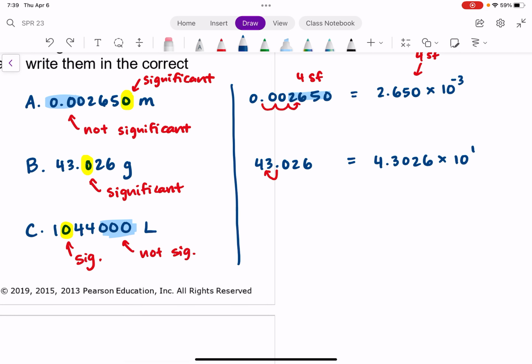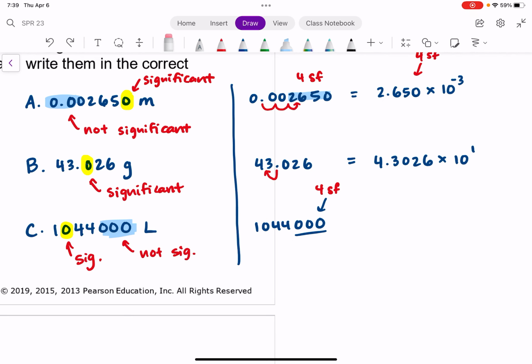All right. 104400. Oh, 000. Okay. Now for this one, remember that these zeros at the end are not significant. So how many sig figs do I have in this number to begin with? I have 4 sig figs, right? Because this 0 is significant. So these 4 digits are significant.